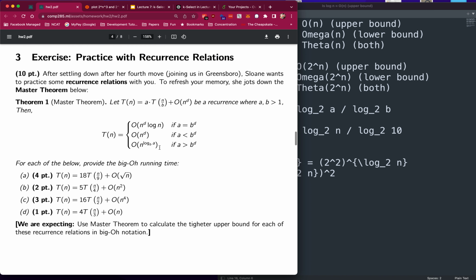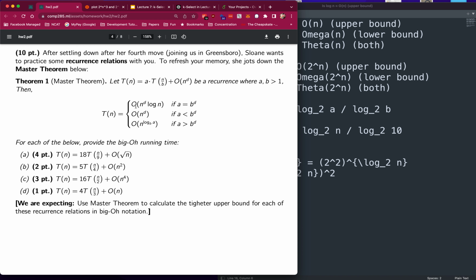Third exercise. Here we're going to practice with recurrence relations. So again, I summarized the Master Theorem.